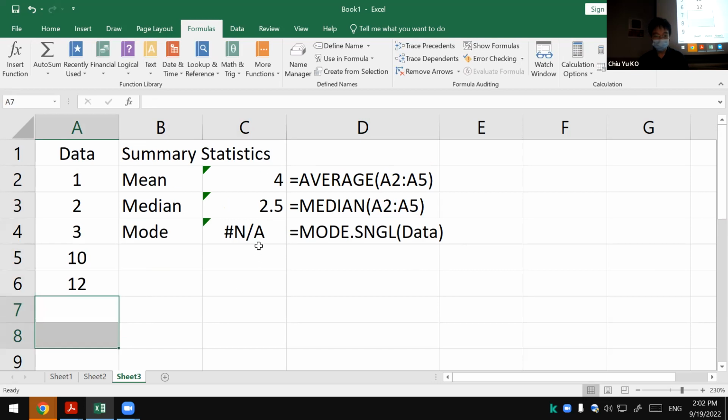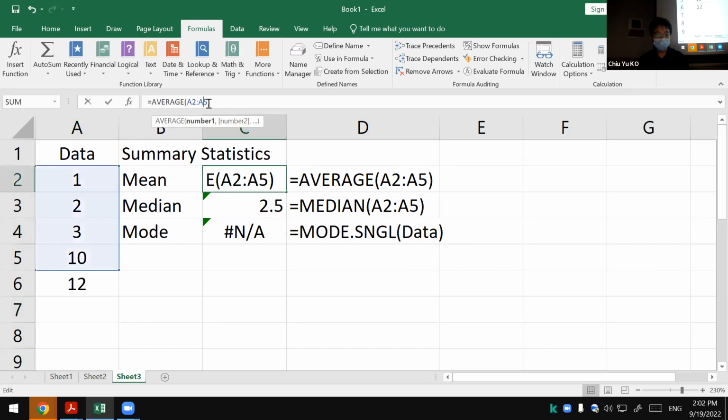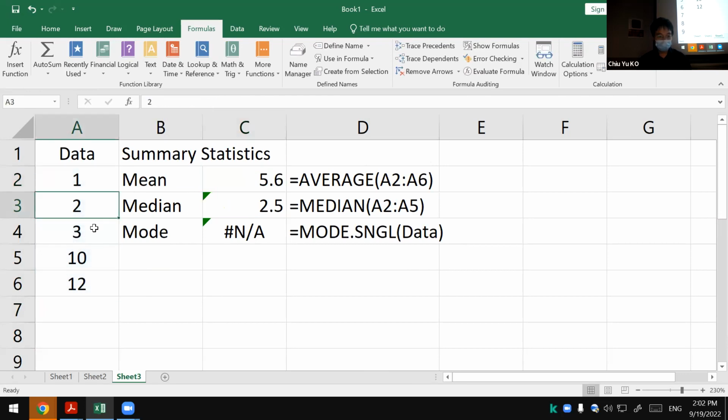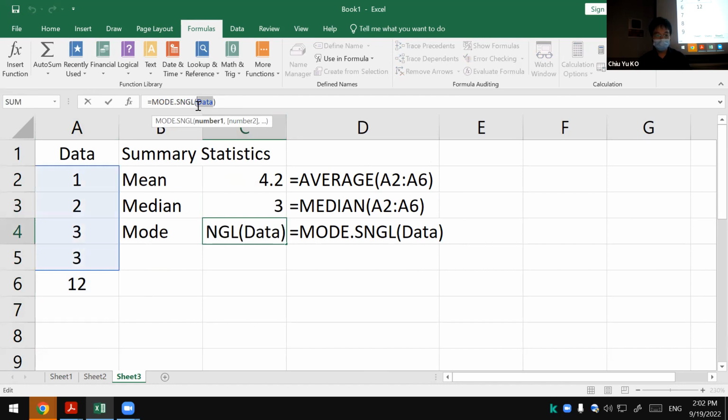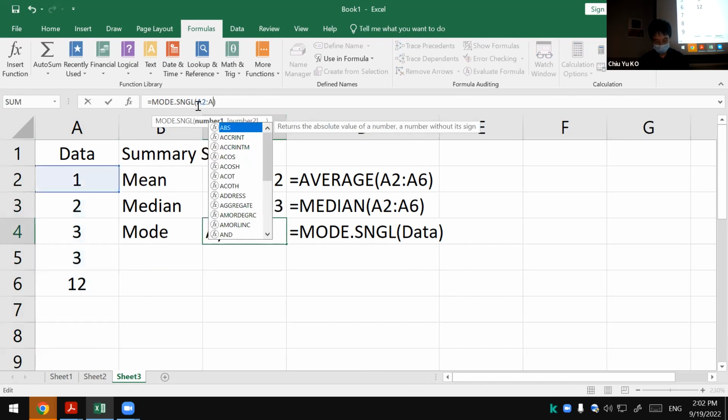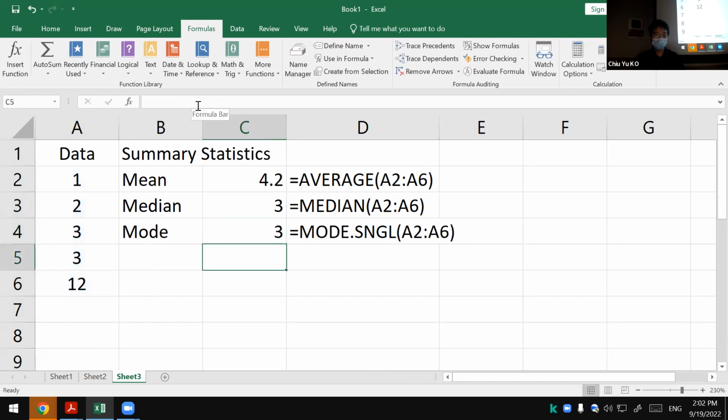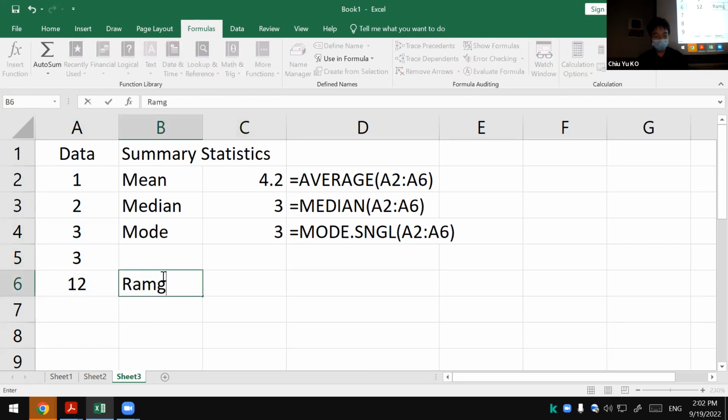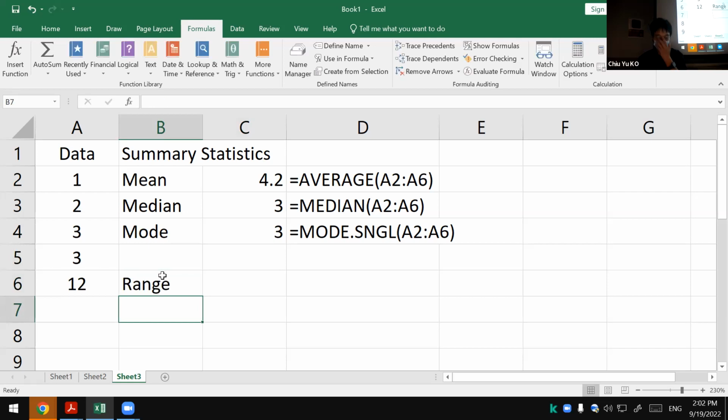Let me change it, and then we change A5 to A6. Maybe we have 3, doesn't matter. Up to A6, one more. We have A2 to A6. So in that case, we have mean, median, mode. So let's do the range thing here.